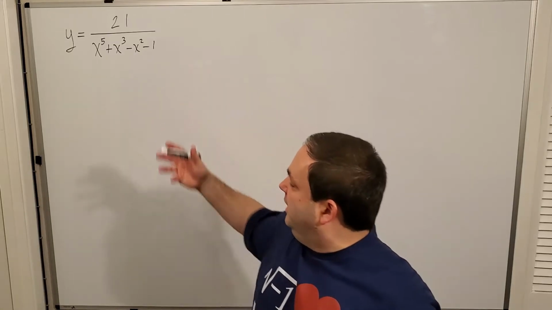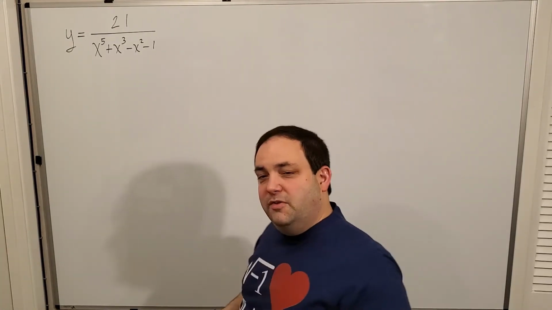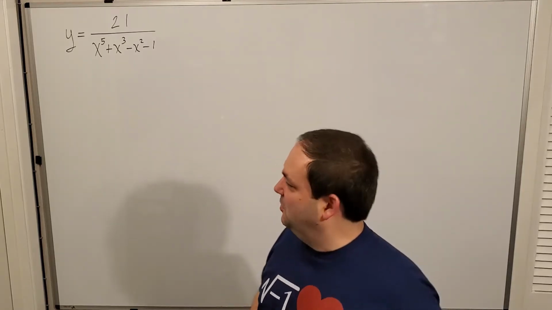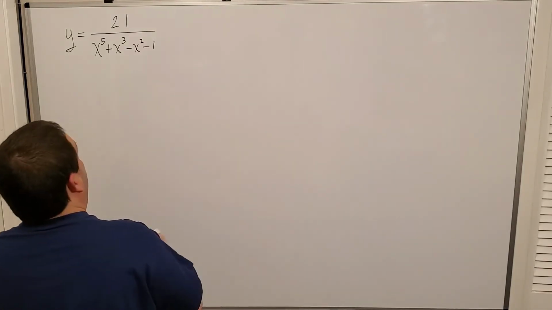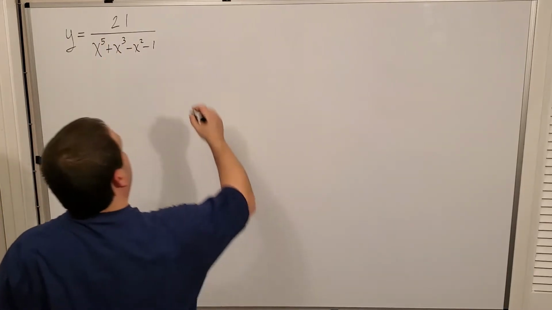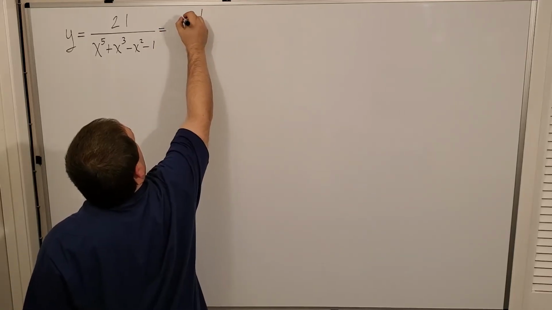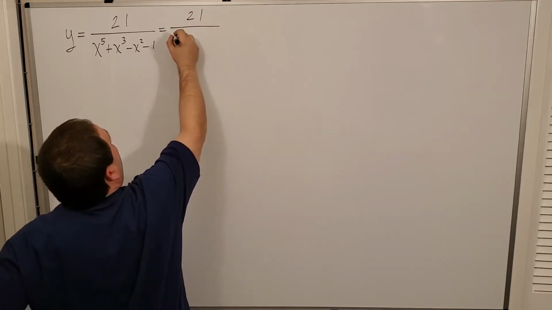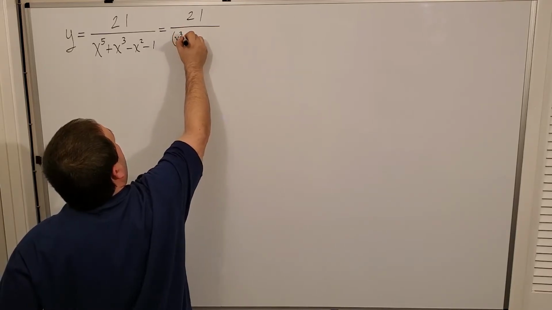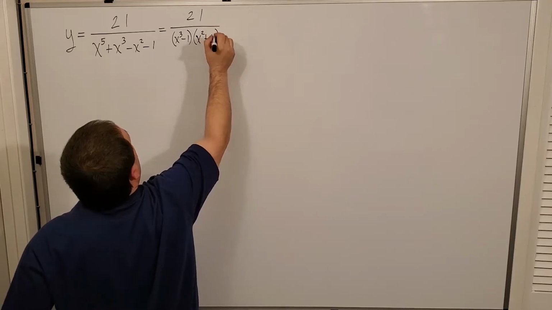Okay, so here's an example, and I'm going to show you by filling up this board with a lot of multiplications. Okay, so the first thing that we need to notice is that we can factor the denominator here into 21 over x cubed minus 1 times x squared plus 1.